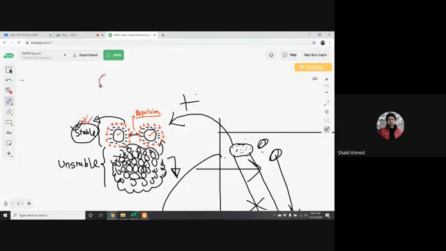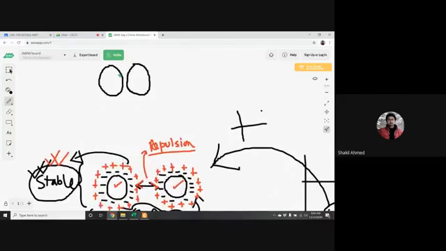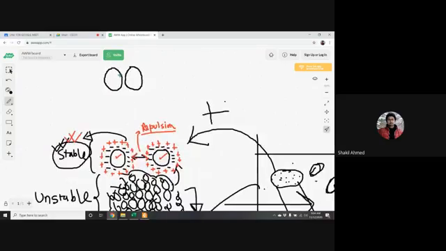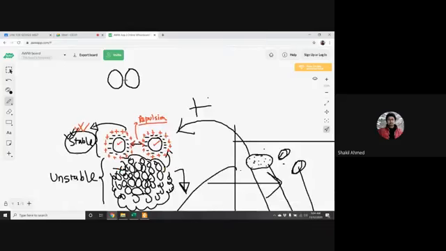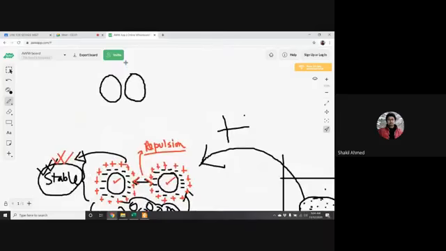But anyhow, if you can manage to bring them very close to each other, then interestingly, an attraction gets activated.